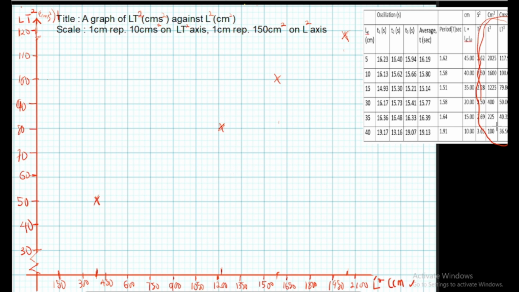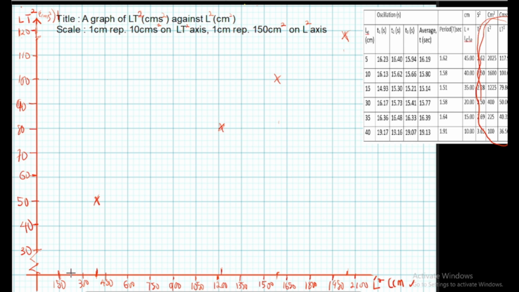Now the next one is 225 and 40.35. So 225 should be between 150 and 300. So how do we locate 225? Okay, we add 30 here. This is going to give us 180.